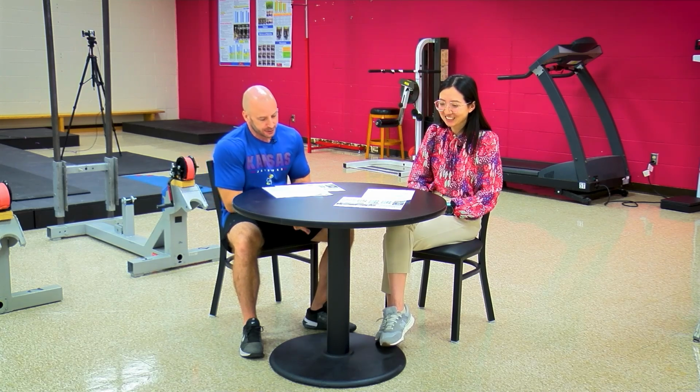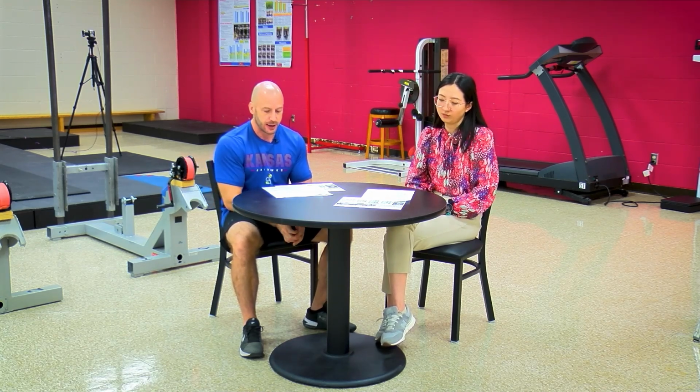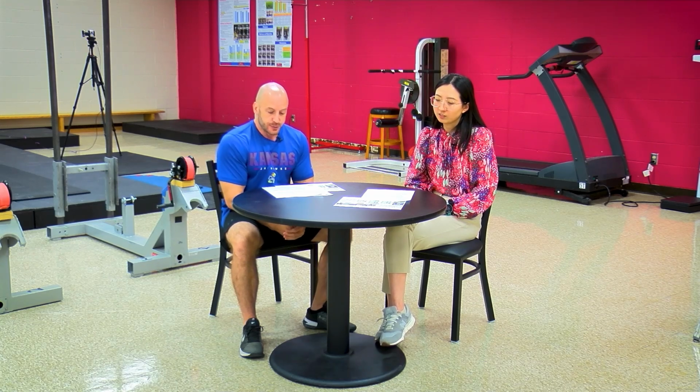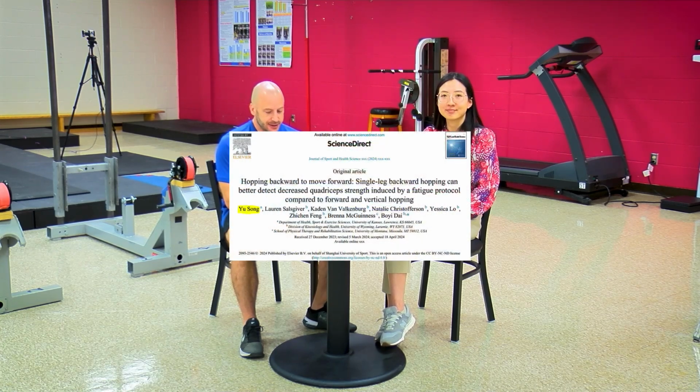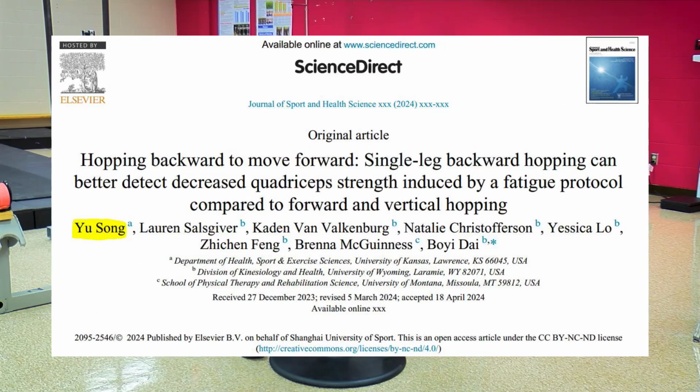So, okay, we'll move on to number 3 here. Let's discuss your recent paper that was published in 2024 in the Journal of Sport and Health Science. The title of this paper is Hopping Backward to Move Forward. I like that. Single leg backward hopping can better detect decreased quadriceps strength induced by a fatigue protocol compared to forward and vertical hopping.